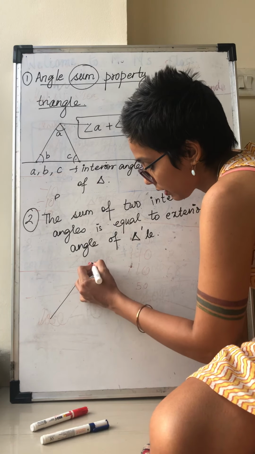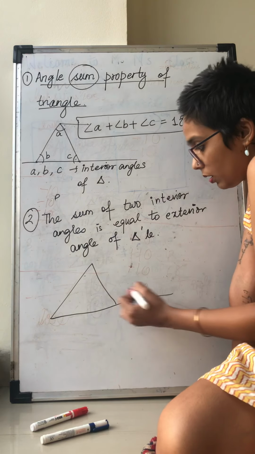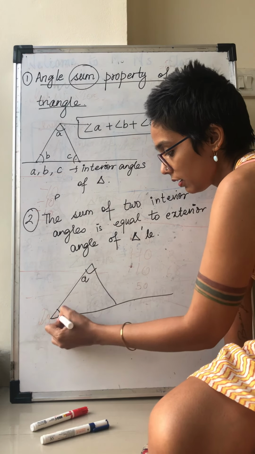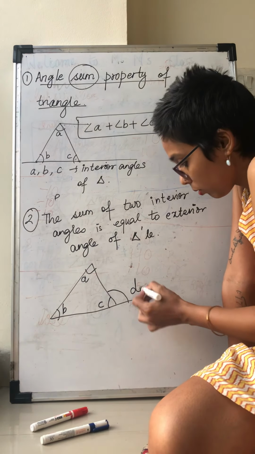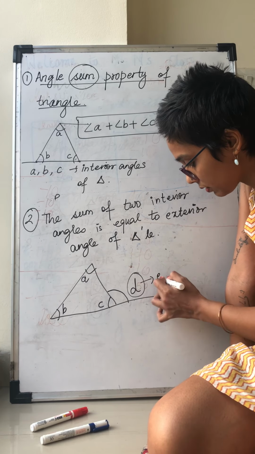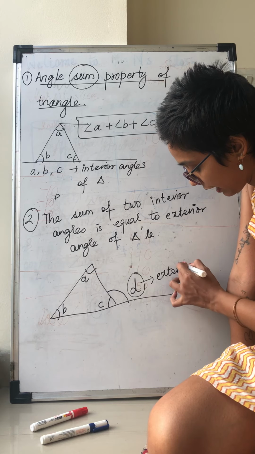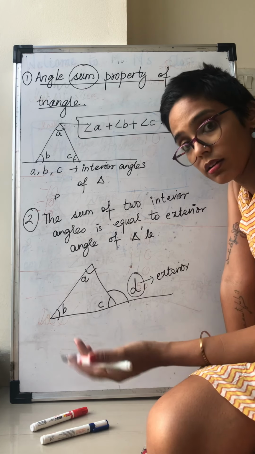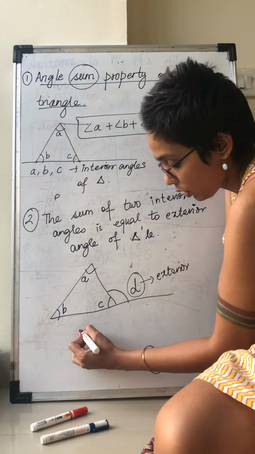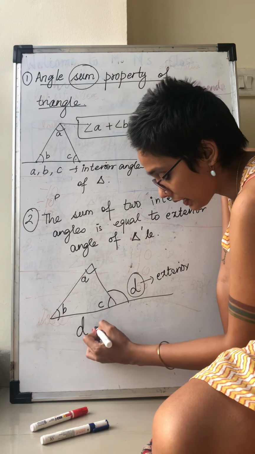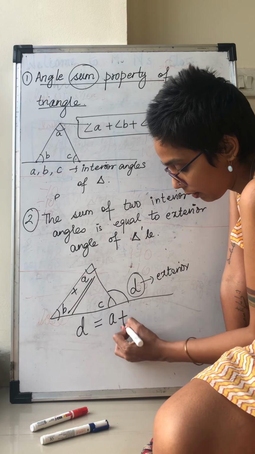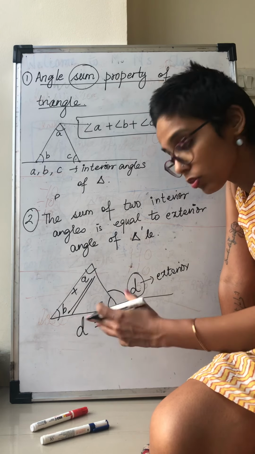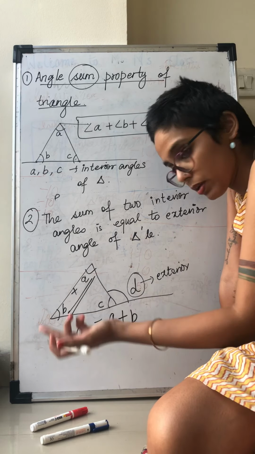If I have a triangle, and consider this is angle A, this is B, this is C and this is angle D. Now this angle D is considered to be my exterior angle, and all these three are interior angles as we said. So if I have to find D, it will be the addition of A plus B. Now why is it not the addition of C plus B?